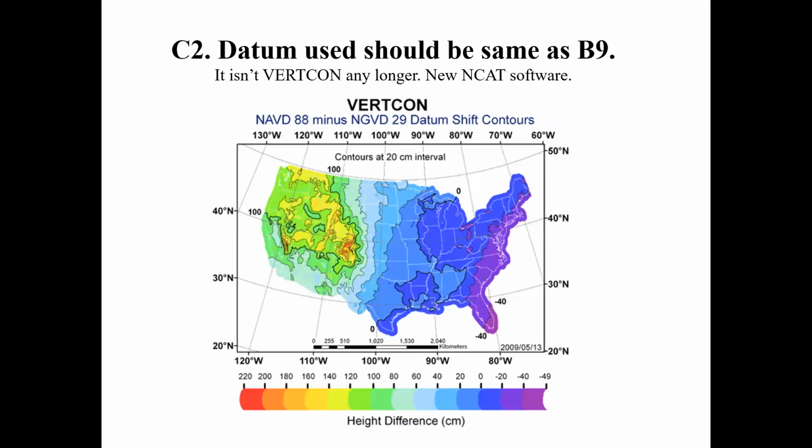So again, with the datum, it should absolutely match B9. So even if you have to convert it, that's okay. So this map is showing us the difference between the two datums all the way across the country. So in Kansas, it could be 20 or 40 centimeters difference.